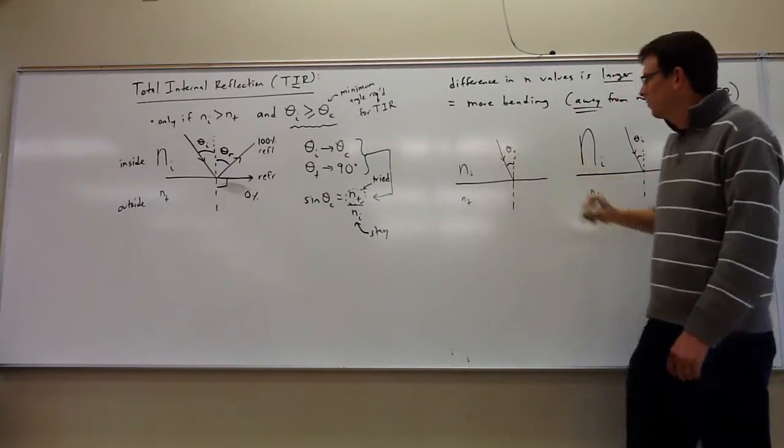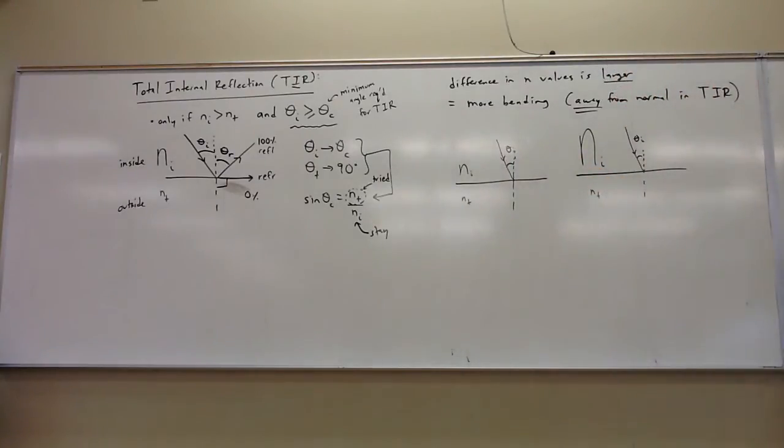So let's compare coming in at a relatively small angle. Well, if the n value is starkly different, the amount of angle we might bend away from the normal is extreme. So something like this. So we're already almost at total internal reflection.